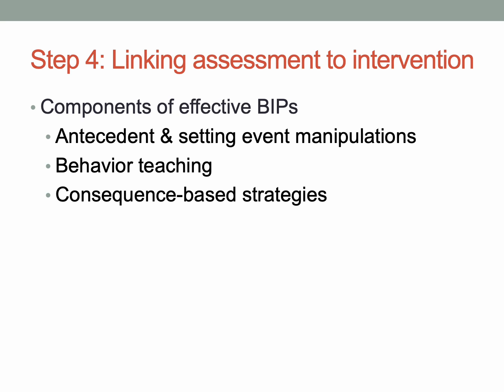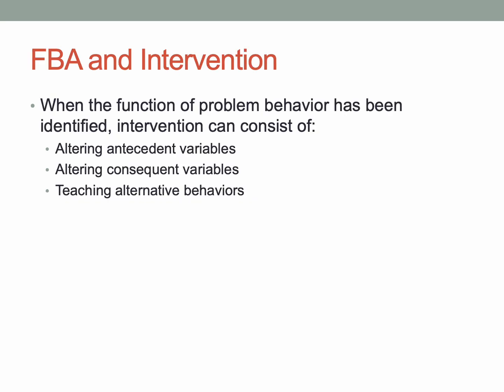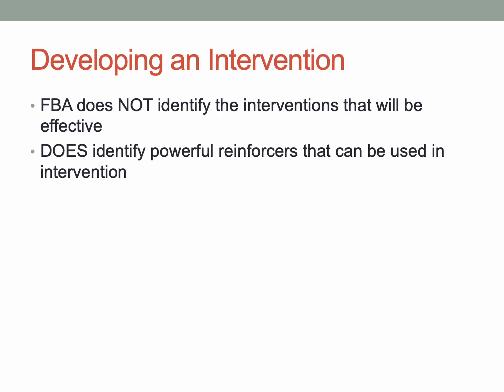So you will identify several intervention strategies under A, B, and C, which means you can alter antecedent variables so that you can prevent the problem behavior from occurring. You can also alter consequence variables, and you can directly teach alternative but appropriate behavior. So you don't want to see problem behavior occurring.